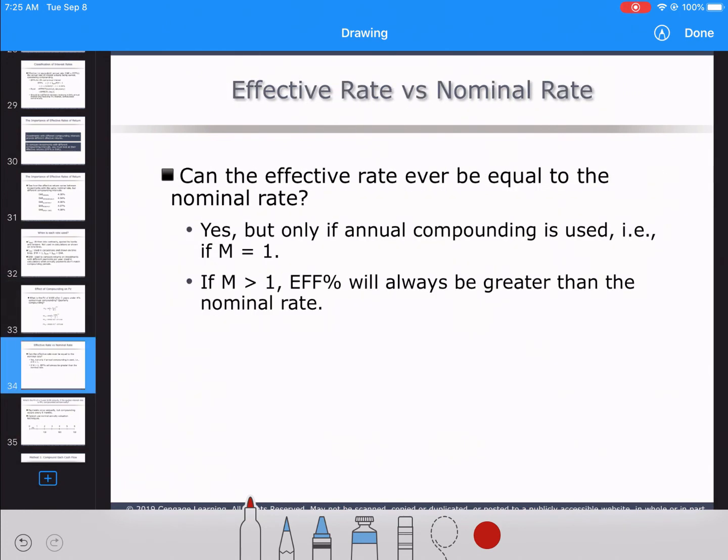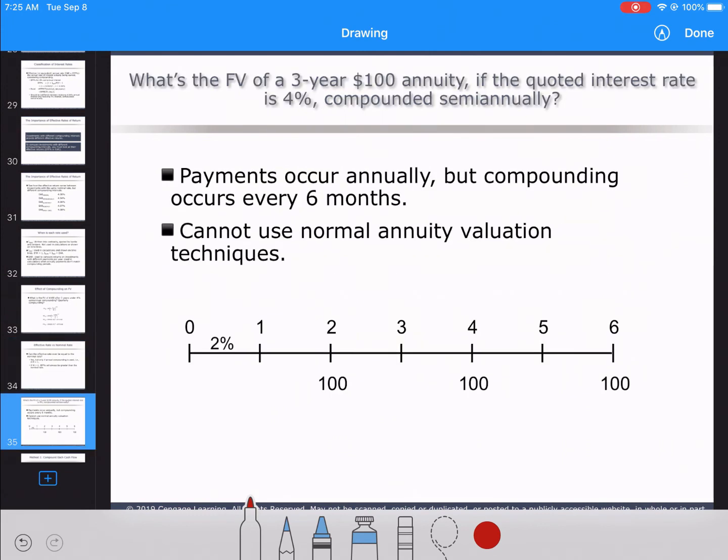And then we look at anything. If compounding occurs every 6 months, you say 3 years becomes 6 periods, and this is after 1 year, this is after 2 years, this is after 3 years. Okay, and you have to change now. You see 4% becomes 2%, and n becomes 6.